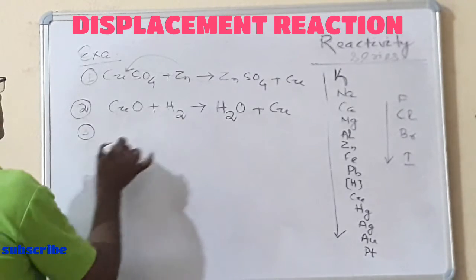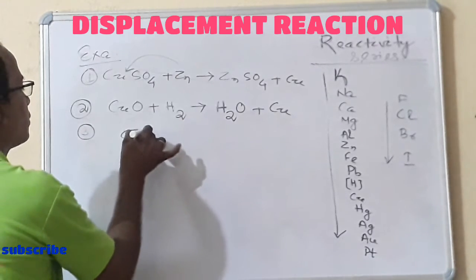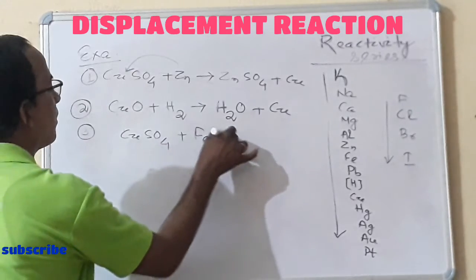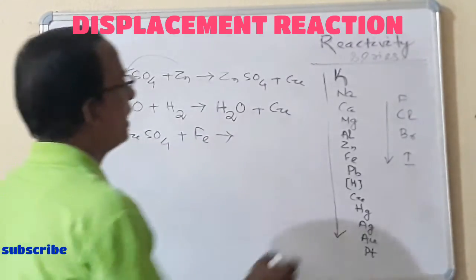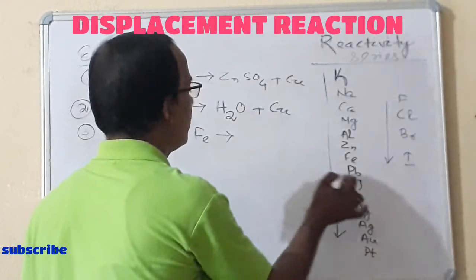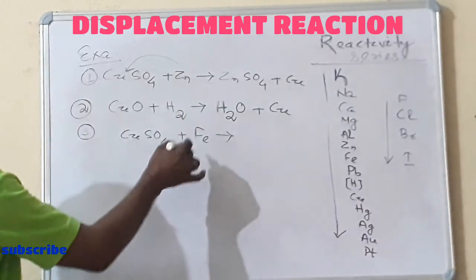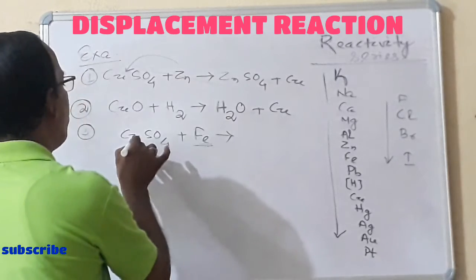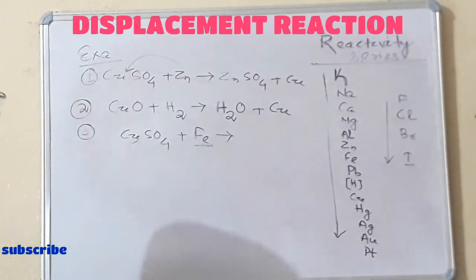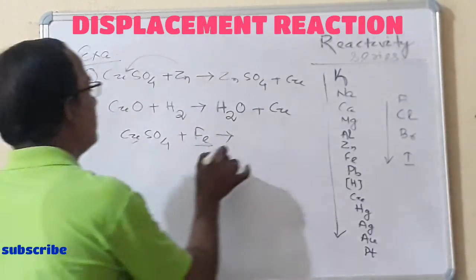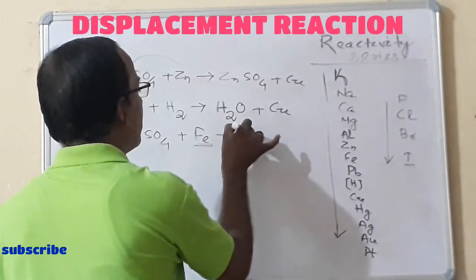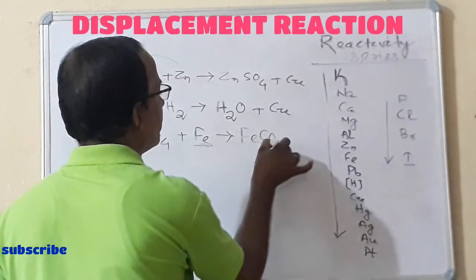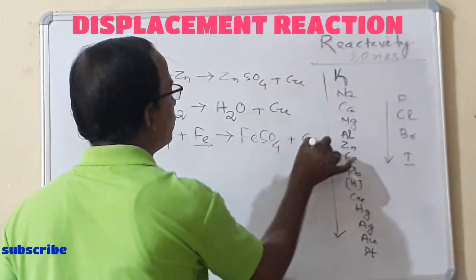Next example is copper sulfate plus iron. Look at the reactivity series. Iron is at the top, copper at the bottom. So iron displaces copper from the aqueous solution of copper sulfate, producing iron sulfate, FeSO4, plus Cu.